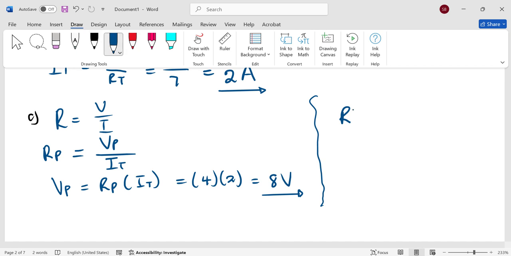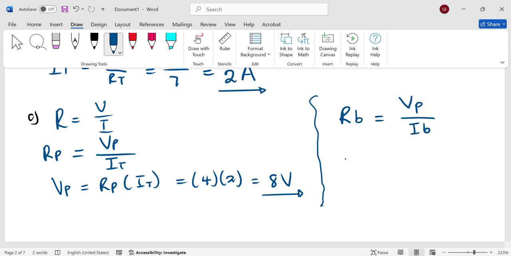Now RB is going to be equal to the voltage in parallel divided by the current that we want, so the current in the bottom division.